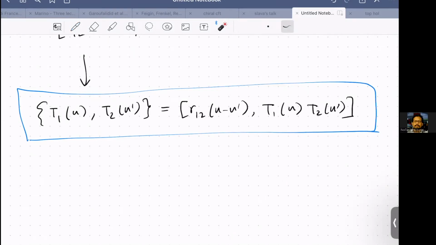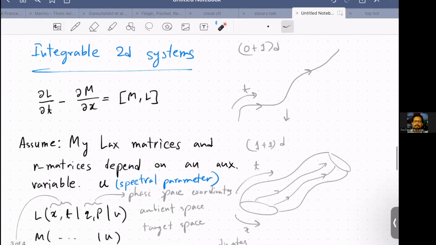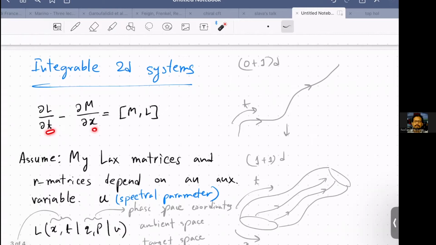So let me quickly recap how we came to this equation. We basically said that we have some phase space, the phase space of our two-dimensional field theory, whatever that phase space is. We're not too concerned about the details. And we have two matrix valued functions on this phase space. And they're also functions of position and momentum.